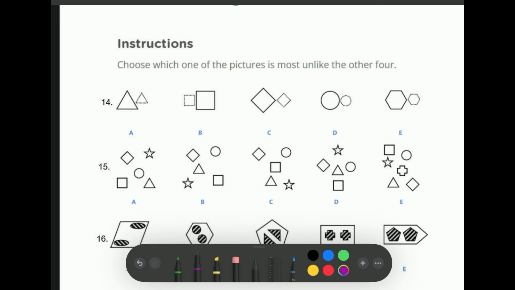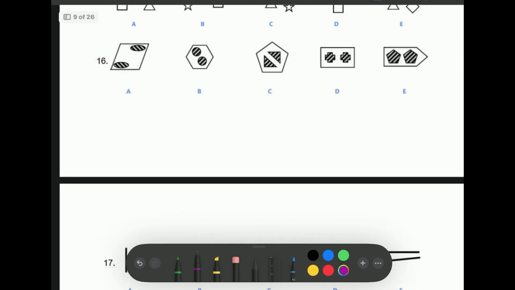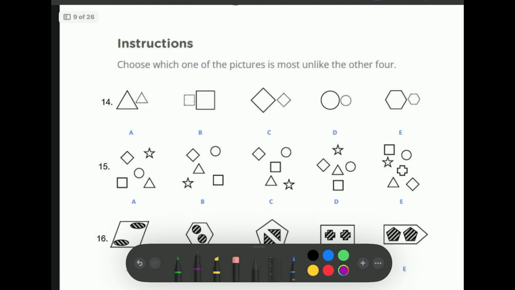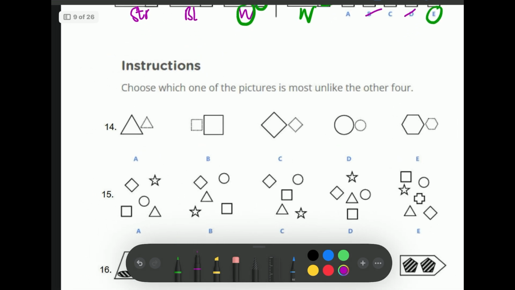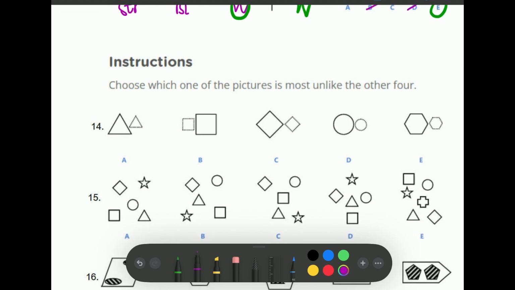Now on to these questions. Choose which of the pictures is most like the other four. So I'm just going to say what the answer is, then explain why.